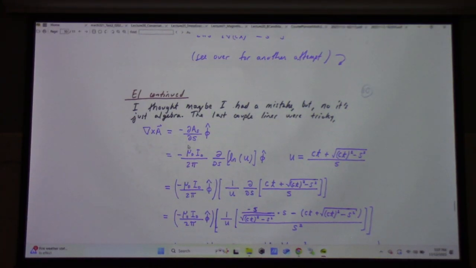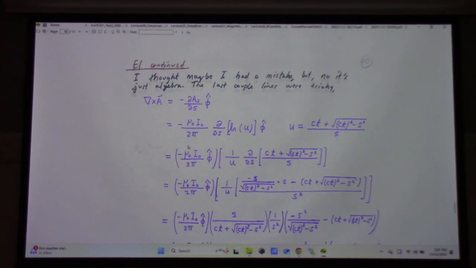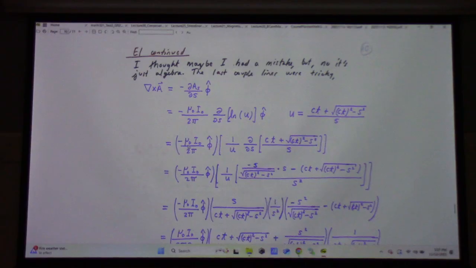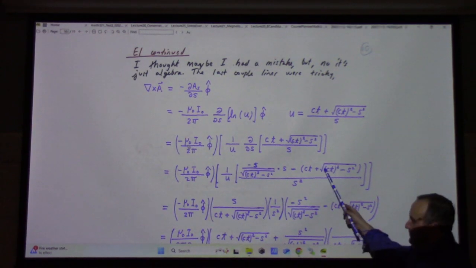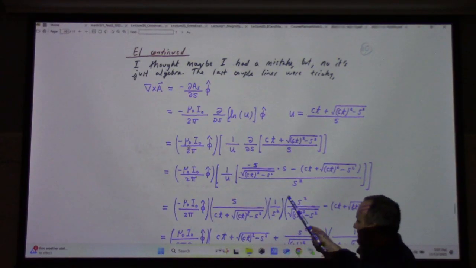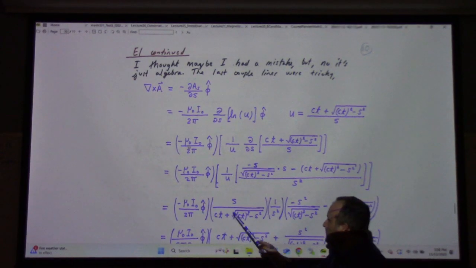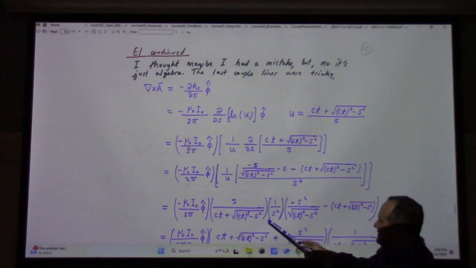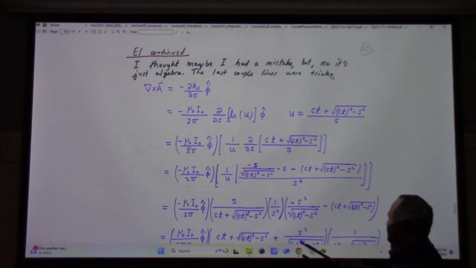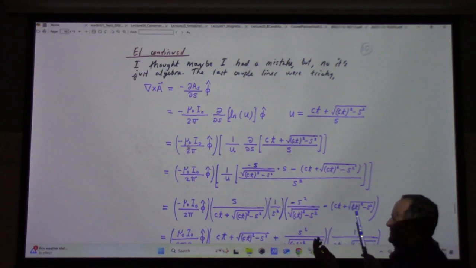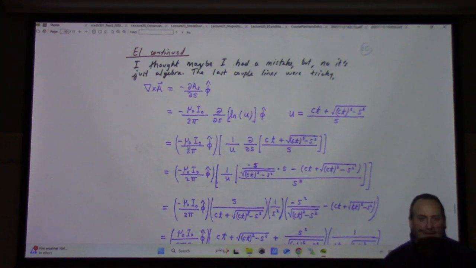I did the quotient rule this time around because that's how it came to me. That brought me to the step that I just wrote down on the board over here. After the quotient rule, I got this. Kept my 1 over s squared there, and this is the u, and I don't know where this s came from. I guess someplace. Whatever.